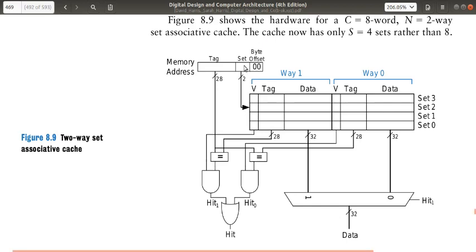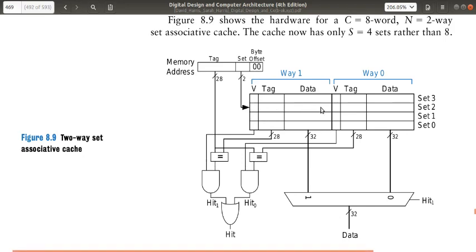It will again look for the set, which set it belongs to. Since there are only 4 sets, the number of set bits is 2. Earlier it was 3 because there were 8 sets. Now there are only 2 set bits. Suppose the two set bits of a specific word are 1 0. Then it will come into this set.